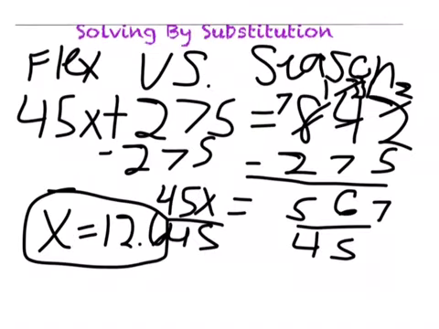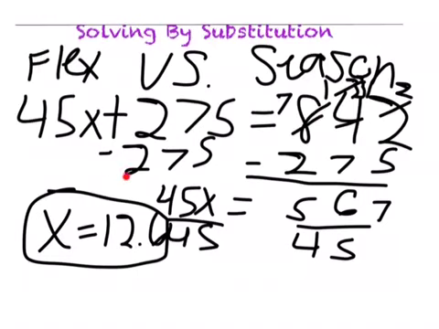Okay, so we're going to be solving by substitution again. So we have the Flex versus the Season. And the Flex equation, as seen on the slide before, is 45x plus 275 equals y, but we take away the y because y equals 842 is the Season Pass, and we don't need those two y's. They can just go away. So then our equation is 45x plus 275 equals 842.